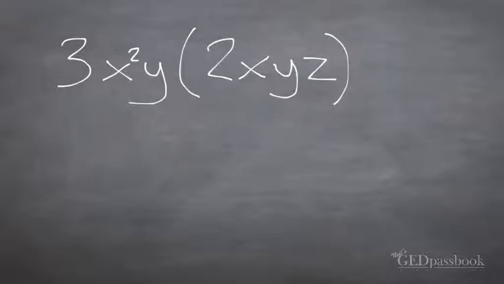Well, taking the step-by-step rule, ask yourself, what is 3 times the other number on the other side, which is the 2? 6. Then ask yourself, what is the x squared times the other x in the other term, which is right there? What's x squared times x?